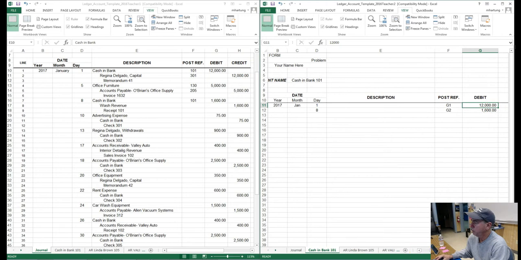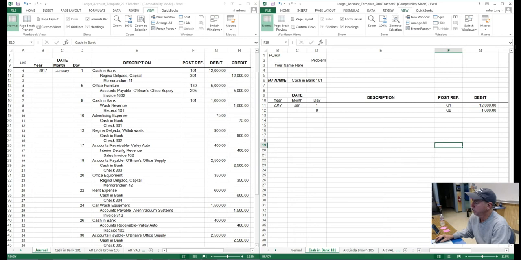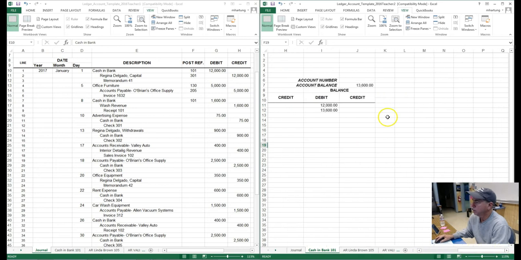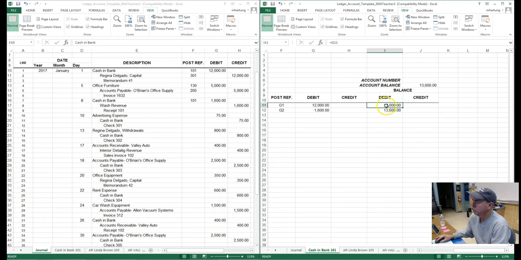And then we need to go over and update the balance. And so because there was no previous balance, we just simply put the equal sign and clicked on that debit.